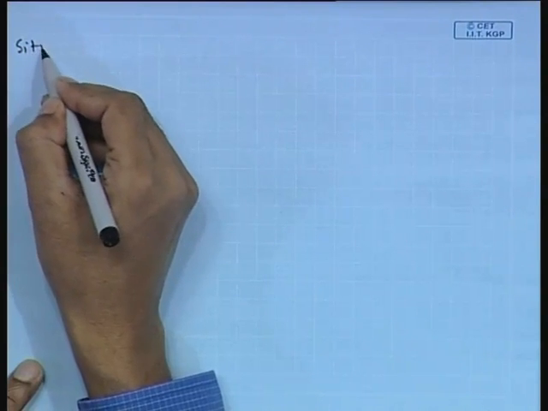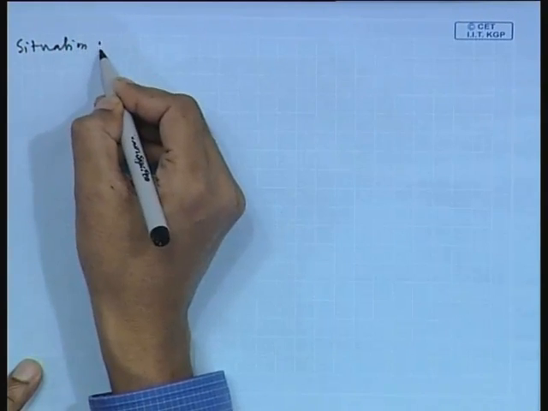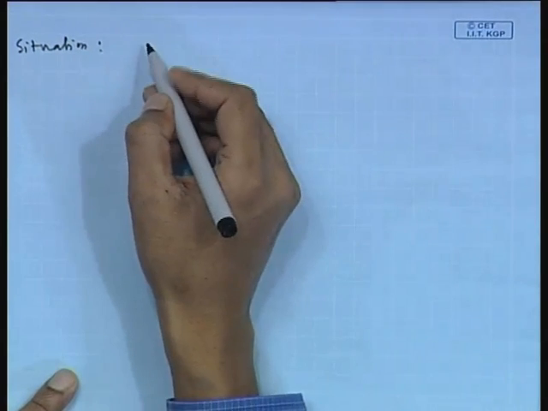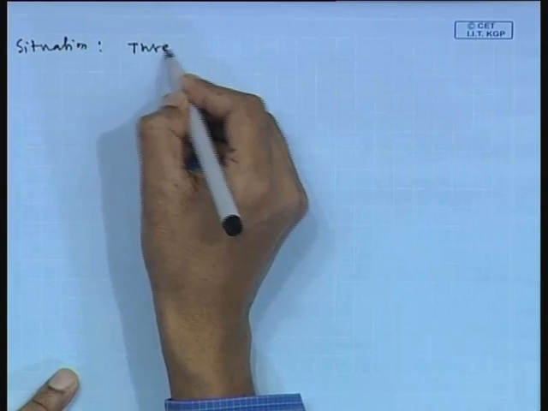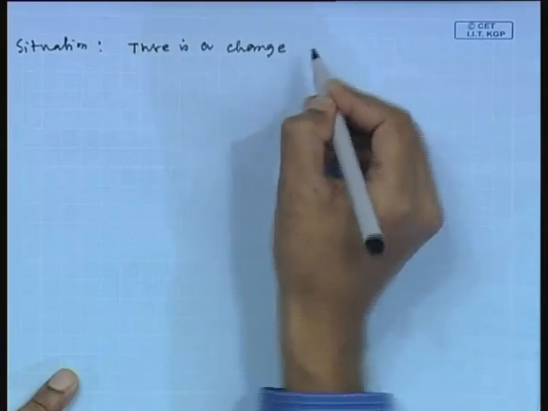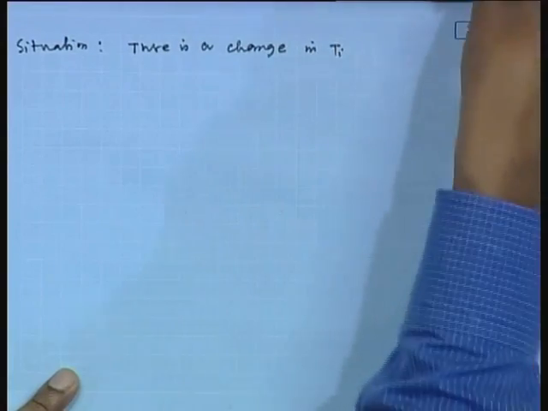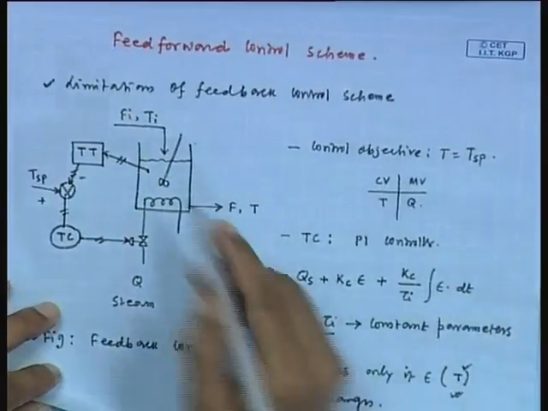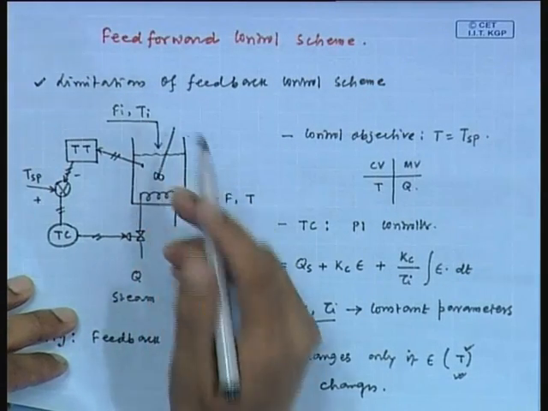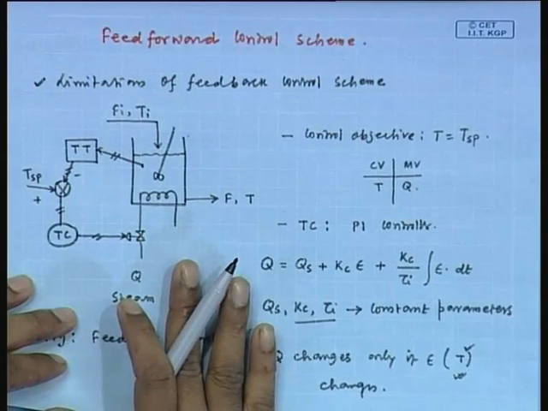Anyway, we will consider one situation to elaborate this. Suppose there is a change in Ti. You see, in this example, Ti is a disturbance variable. Initially, the process is at steady state.